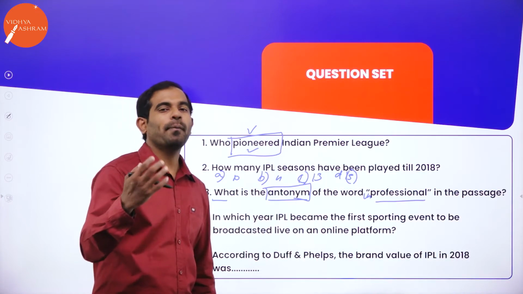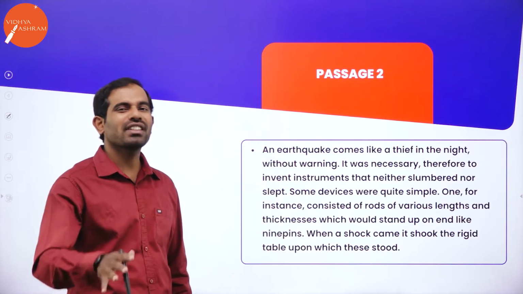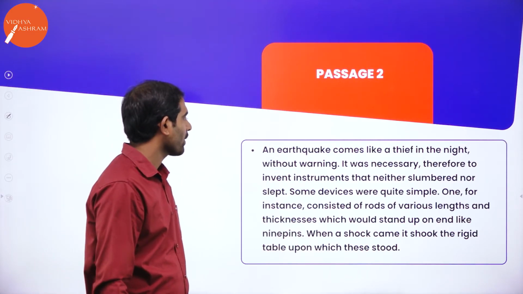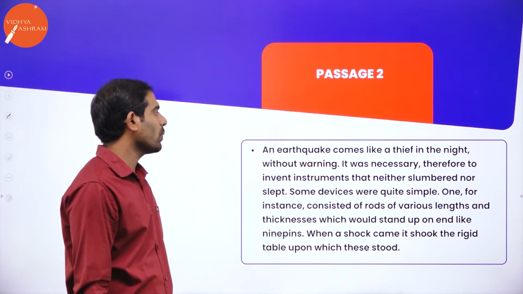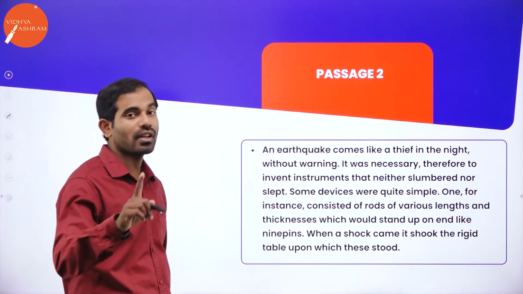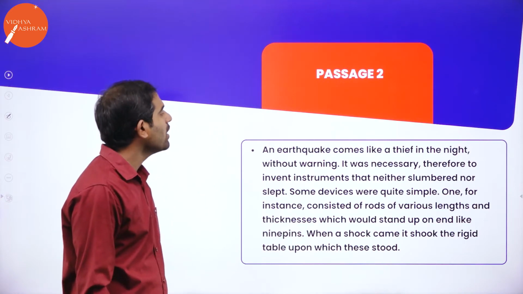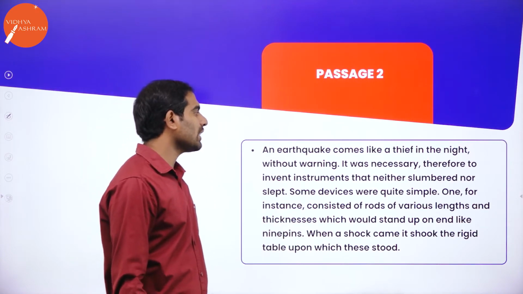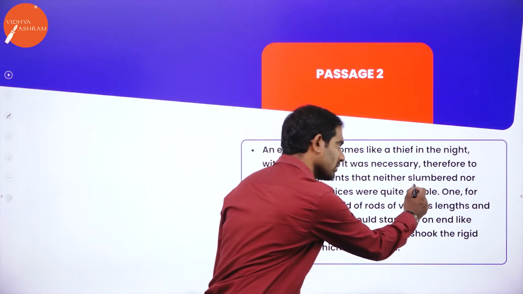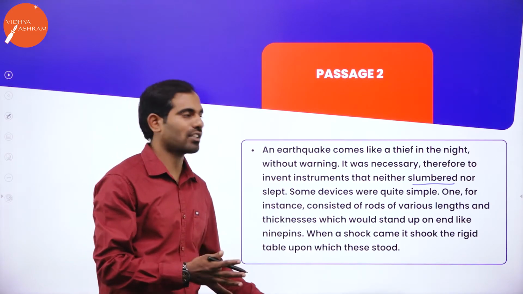To make it a bit complex, I have chosen the second passage, which is a little tricky. An earthquake comes like a thief in the night without warning. So you need to remember everything you read. It could be every word. It was necessary, therefore, to invent instruments that neither slumbered nor slept, in a sense which didn't take rest.